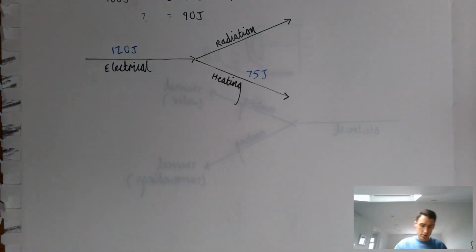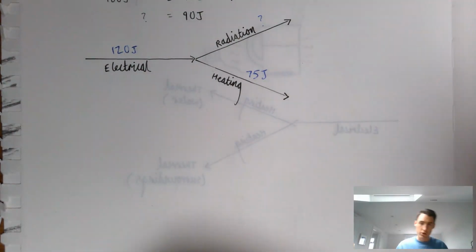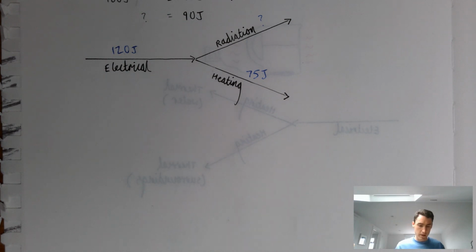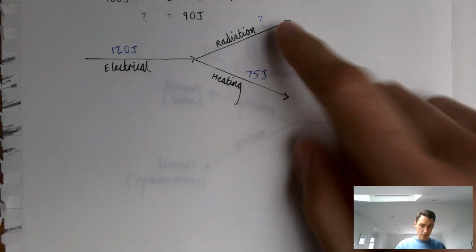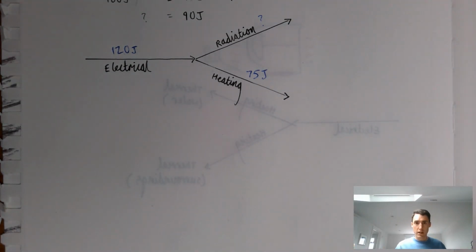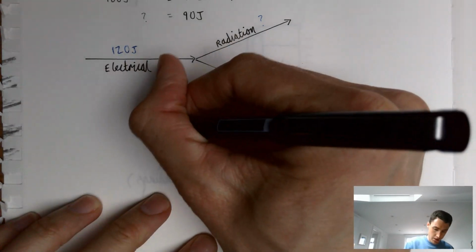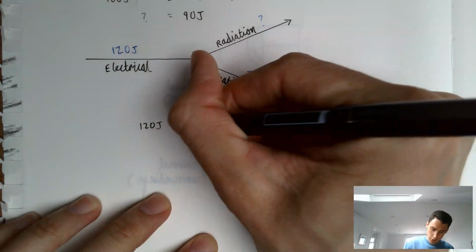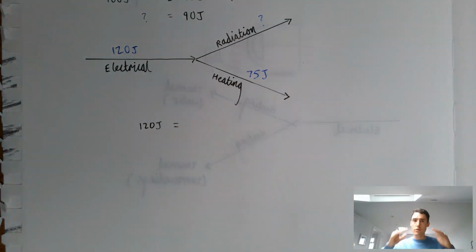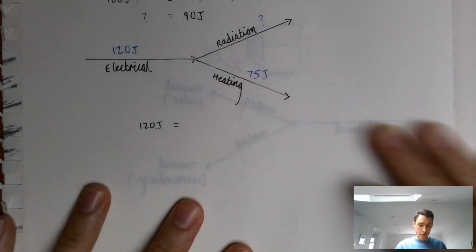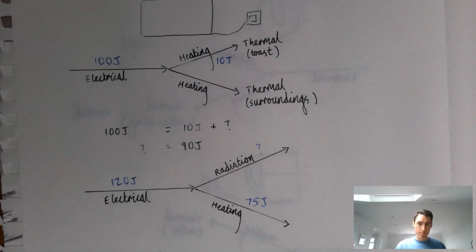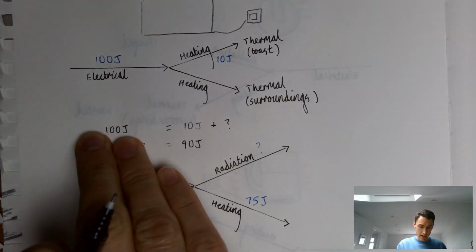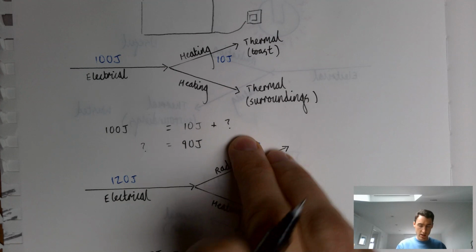And then the question is, how much is transferred out as radiation, or perhaps usefully, I can't remember. And again, we've got a question mark here, and you can do the same calculation. So 120 joules. And again, I would always model this because you want to go through that really methodical step-by-step and show how you move from the diagram here, so energy in, useful, wasted, to the maths.